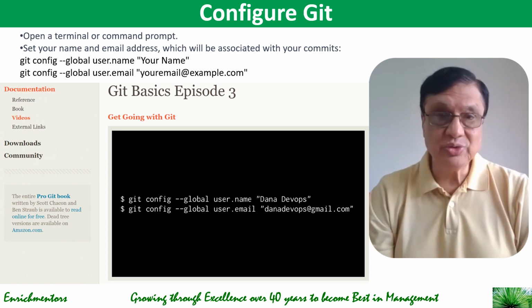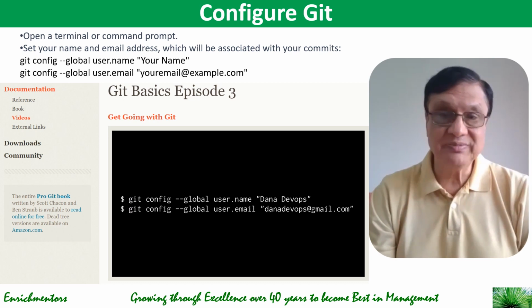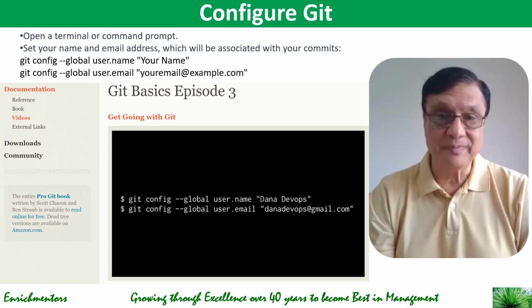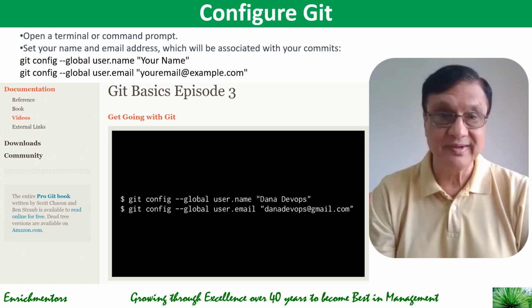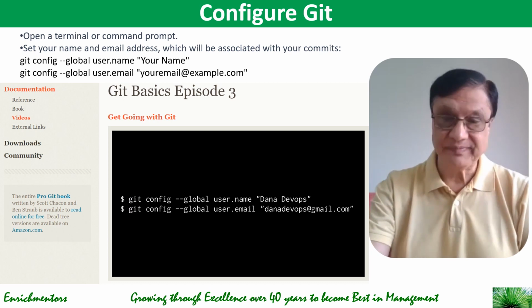And the way to do it is to type git config --global user.name and then put your name, as you see put on the screen here, Dana DevOps is one of the names that has been put, and then similarly you put your email ID. So it's as simple as that. So get going with configuring Git like this.